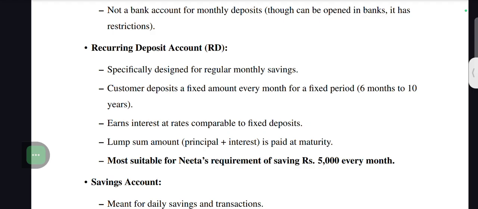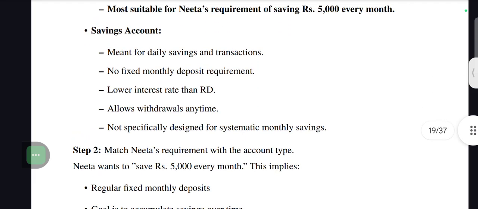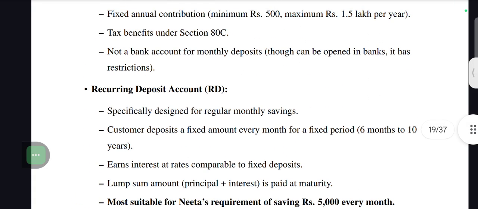The customer deposits a fixed amount every month for a fixed period of time, and earns interest on that amount. And a savings account is also meant for daily savings, not fixed monthly deposit. It has a low interest rate compared to the recurring deposit account.